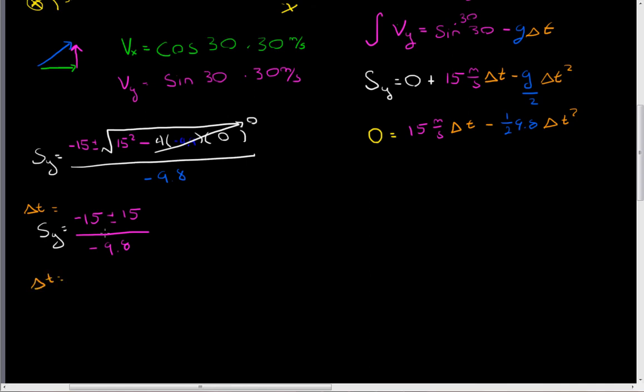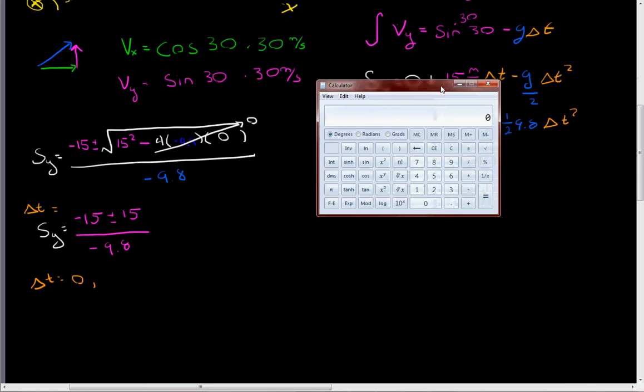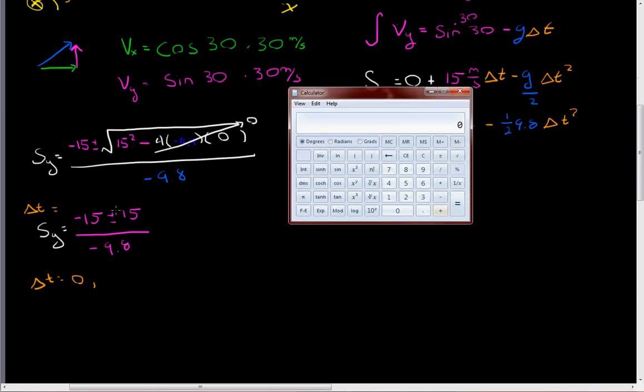Negative 15 plus 15 over negative 9.8 will give us 0. Or we are going to get negative 15 minus 15, which gives us negative 30 over negative 9.8.